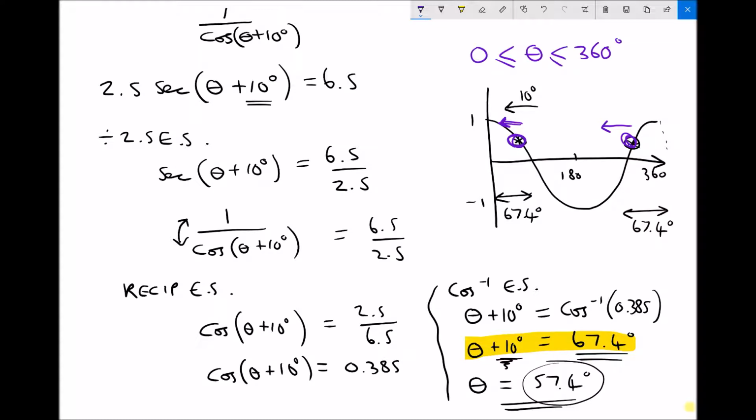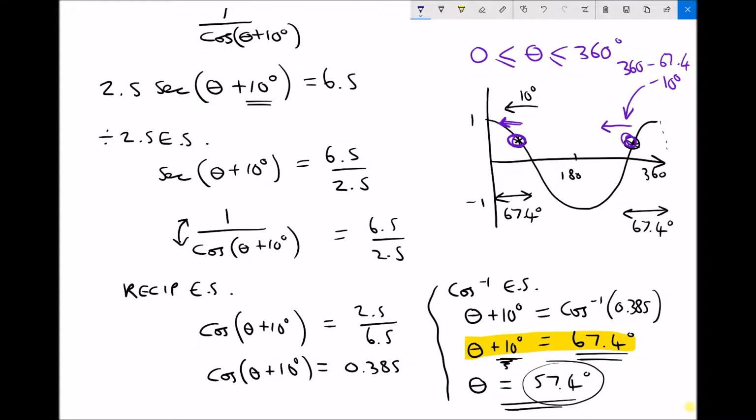then that will help us to get our general solutions. Before the phase shift is applied, this point here is 360 minus 67.4. But for our general solution to the original formula, we need to subtract an additional 10 degrees from that to accommodate our phase shift.